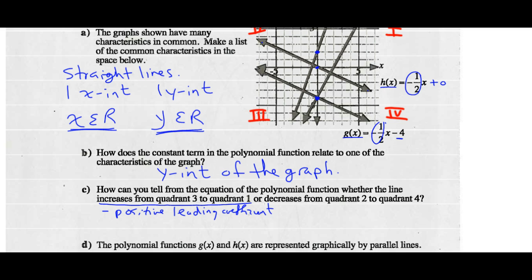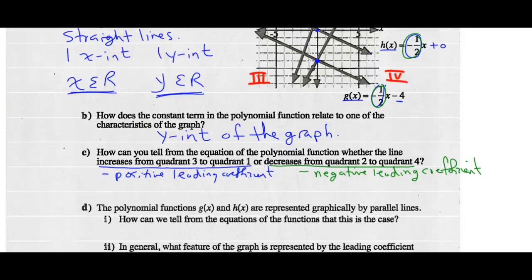And if it is decreasing from 2 to 4, that'd be these, it would have a negative leading coefficient.